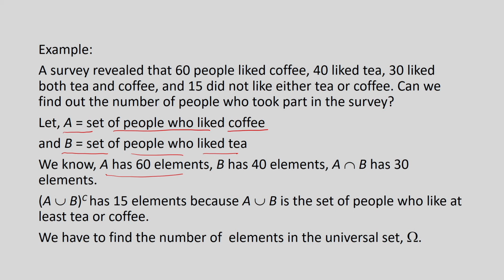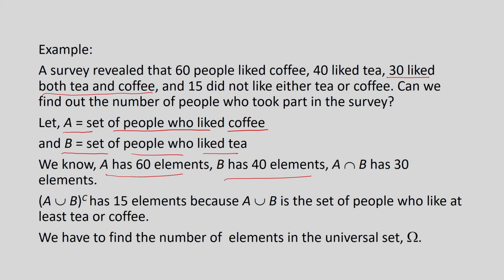We further know that 40 people liked tea. That means that this set B has 40 elements. We also know that A intersection B has 30 elements. Why? Because it is given in the question that 30 liked both tea and coffee.